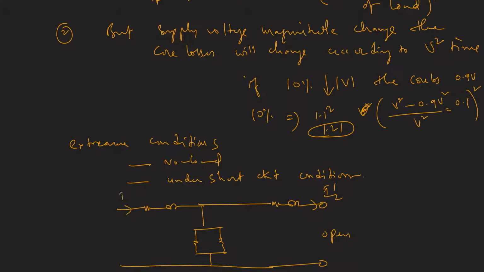So I1 is a component of I0 plus I2 dash, and the I2 dash component is 0.